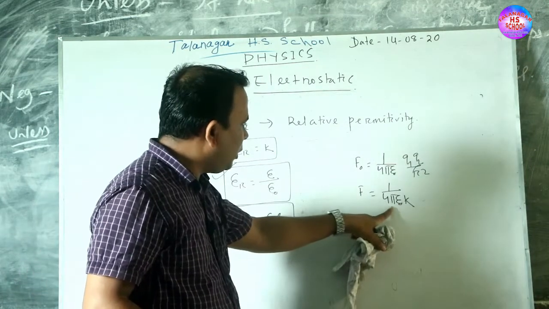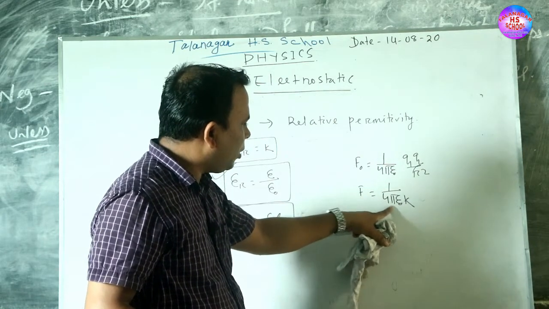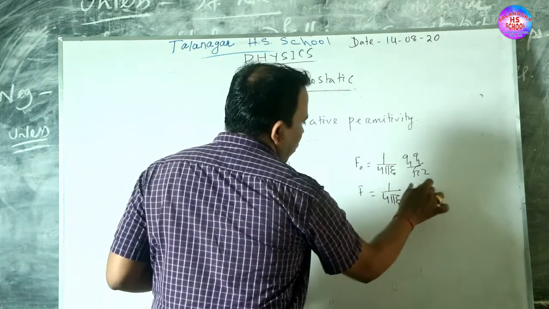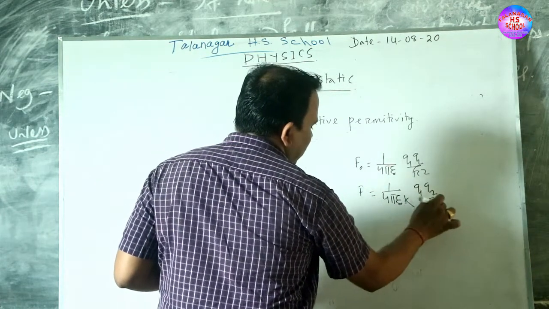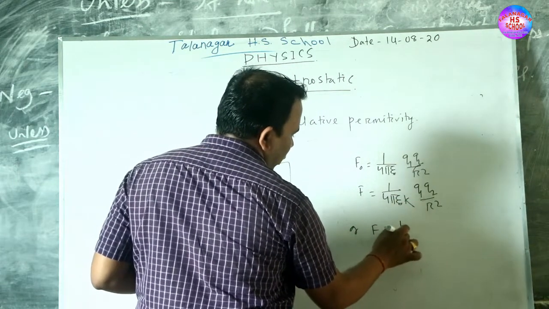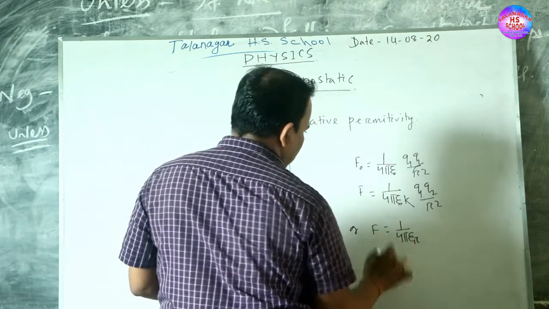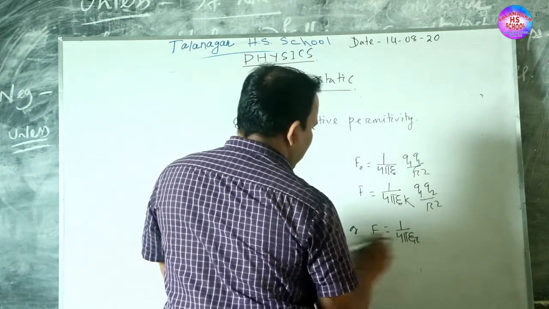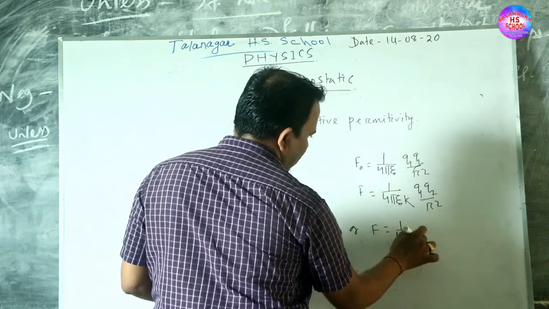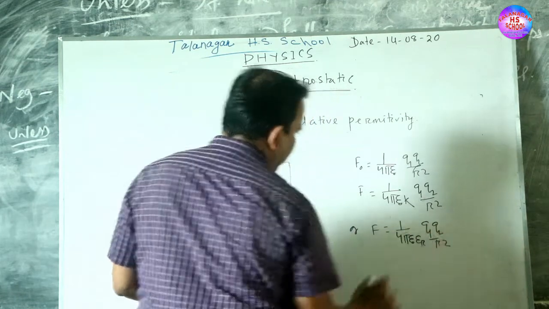Substituting the value in 1 by 4 pi epsilon, instead of epsilon we take epsilon naught into k, then q1 q2 by r square, or F is equal to 1 by 4 pi epsilon naught epsilon r q1 q2 by r square.